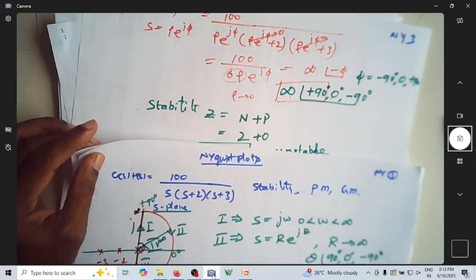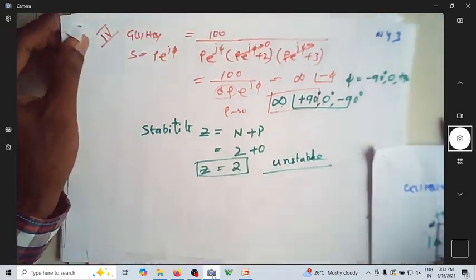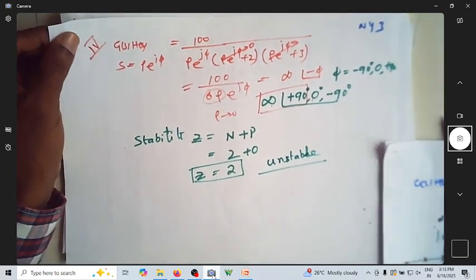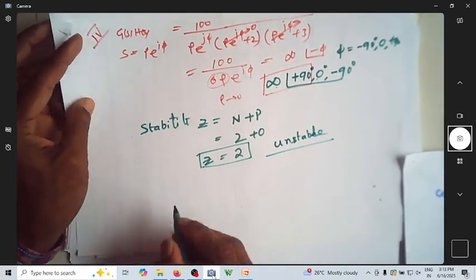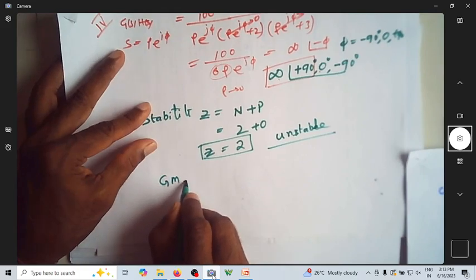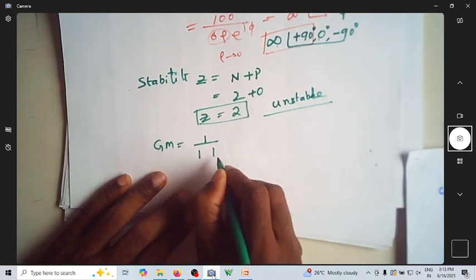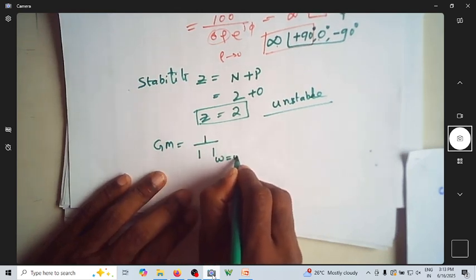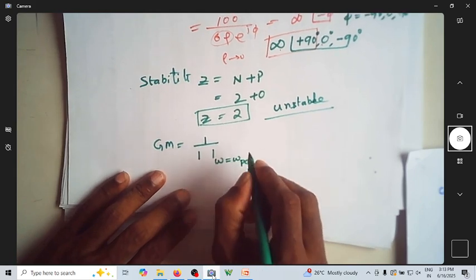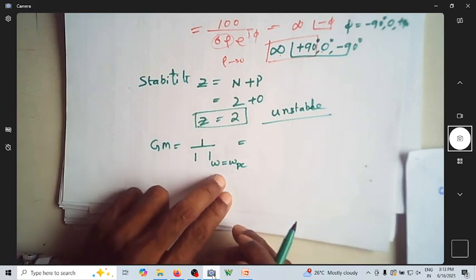Okay, now when the system is unstable, what is the margin? How far away is it from the imaginary axis? For that, you need to find the gain margin. Gain margin is nothing but 1 over the magnitude at omega equal to omega pc. This is the magnitude.